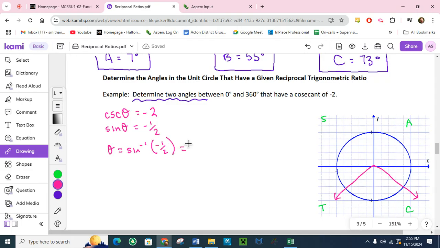I think it's -30. -30 degrees. The sine of -30 degrees is -1/2, which means the cosecant of -30 degrees is -2. That angle works, but it's a technicality. We're looking for angles between 0 and 360, so we've got a bit of work yet.